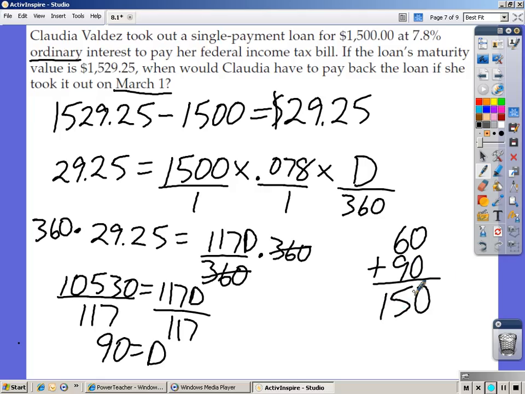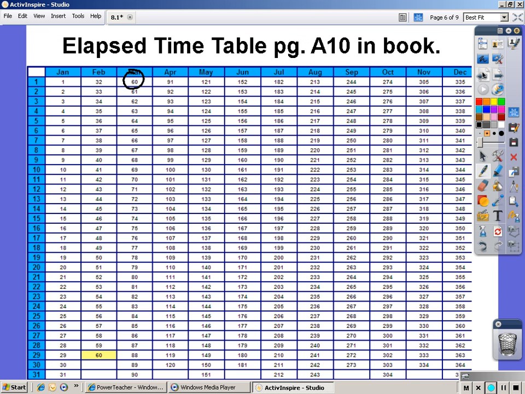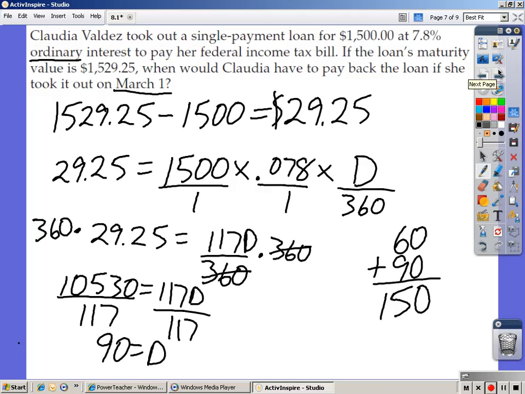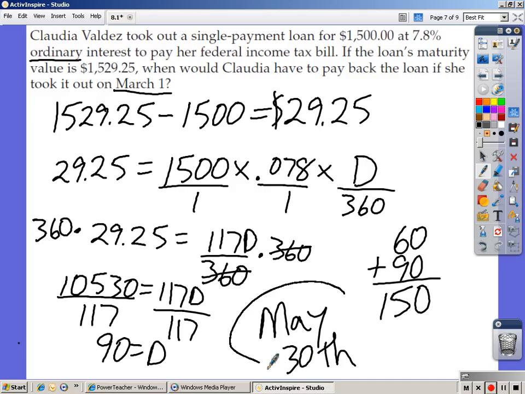So the 150th day of the year is when she needs to repay her loan. Go back to my table, find 150, here it is. She must repay her loan on May 30th. Okay? So the answer to this question is May 30th.